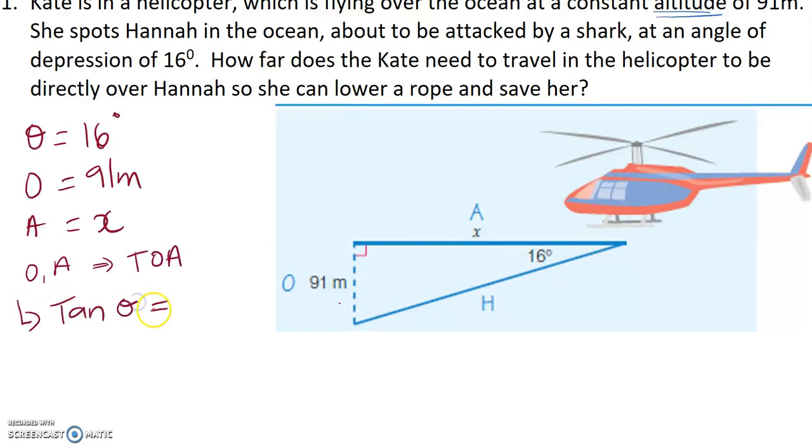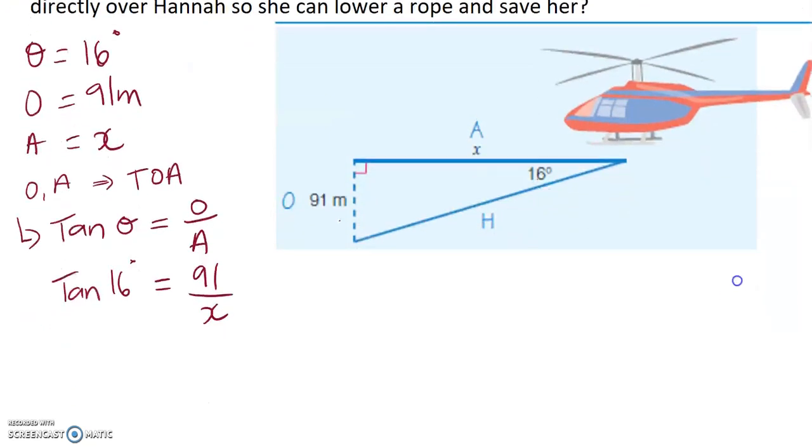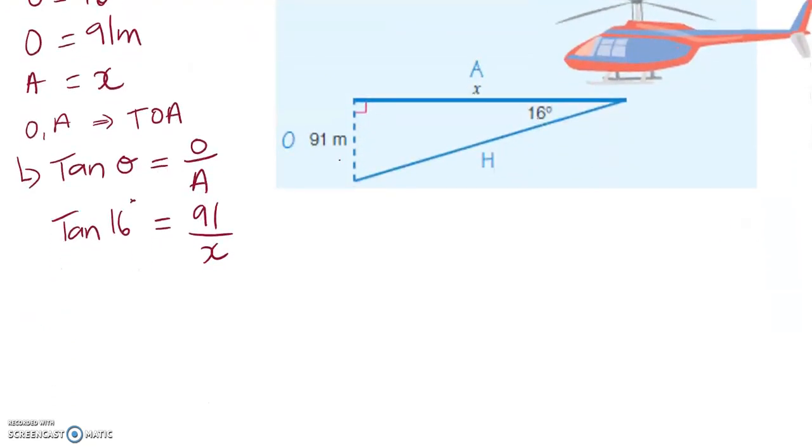Tangent theta is equal to O over A, so tangent of 16 is equal to 91 divided by X. Again, we've got our unknown in the denominator, so we swap, and therefore X is equal to 91 divided by tangent 16 degrees.